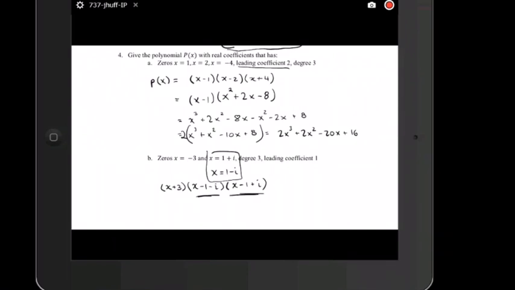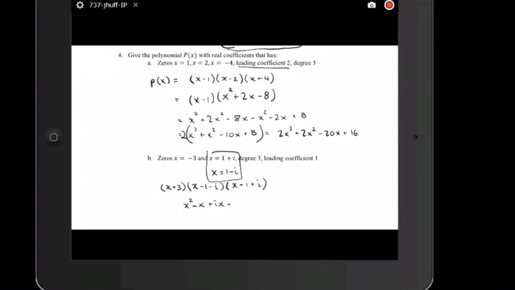Okay. So if you multiply those two factors together first, using the distributive property, you're going to distribute x to all the terms. So that's going to give you x squared minus x plus ix. And then you take this negative 1 and distribute it to the other terms.